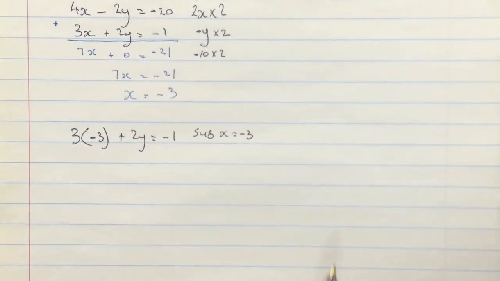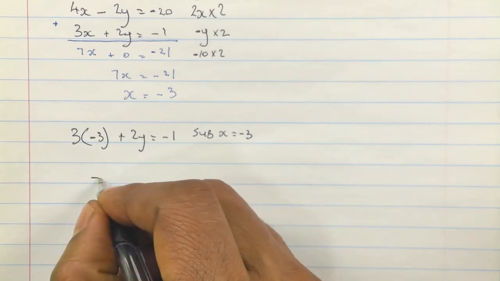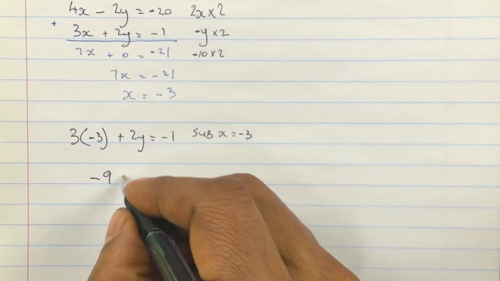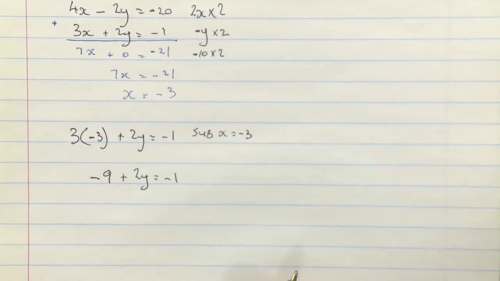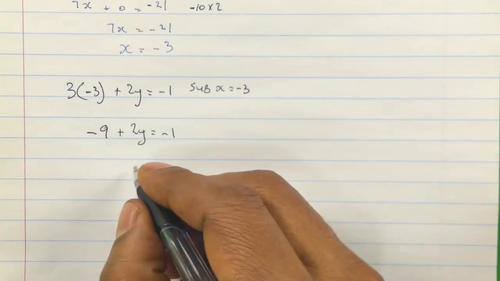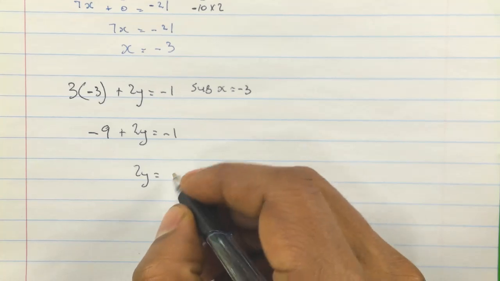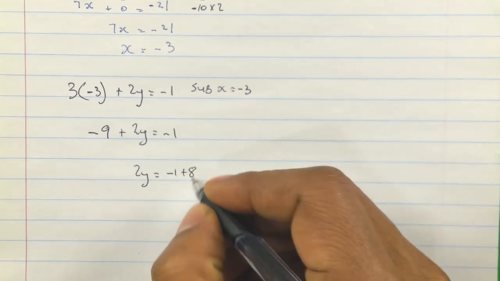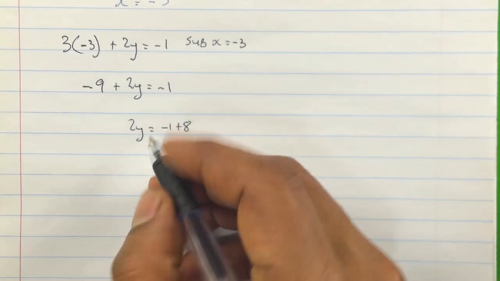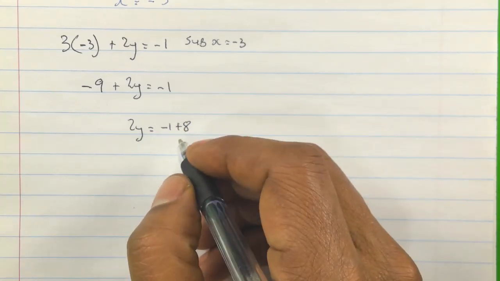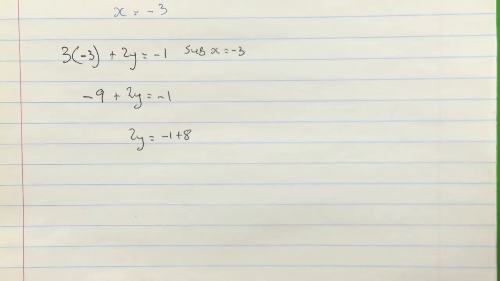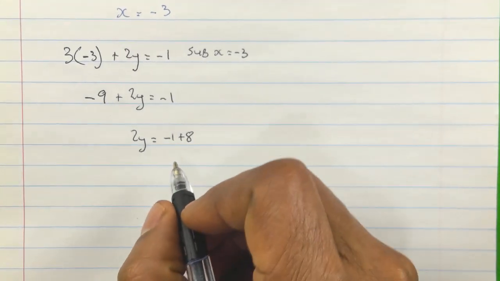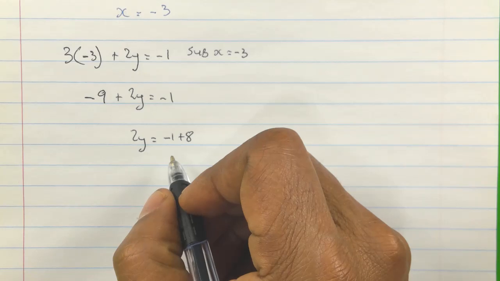Let's see what it becomes. This one becomes negative 9, isn't it? Okay. Plus 2y is equal to negative 1. Then I have 2y is equal to negative 1 plus 9. You can skip that. You see, in my head I'm skipping a step, but I didn't want to skip it.